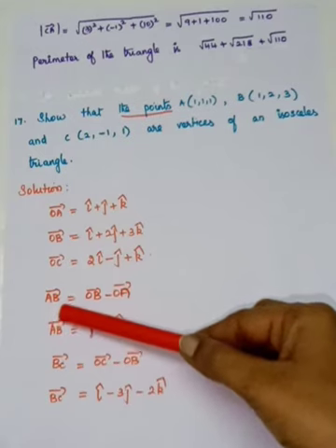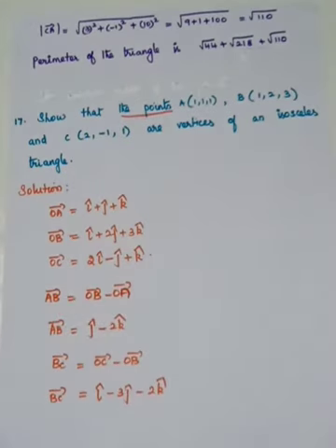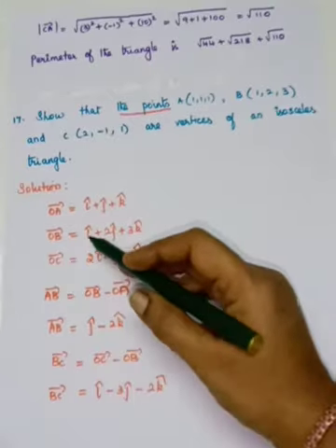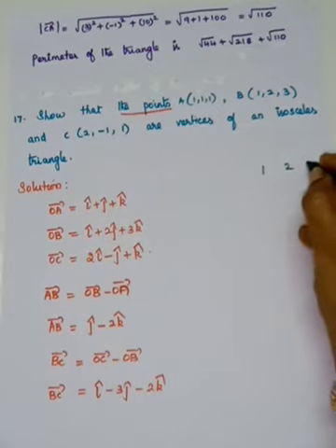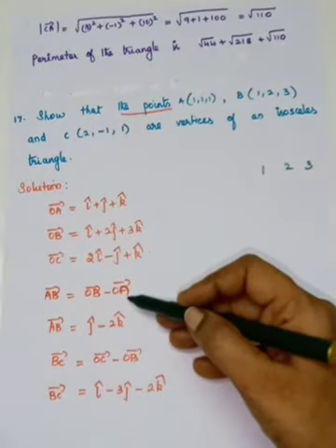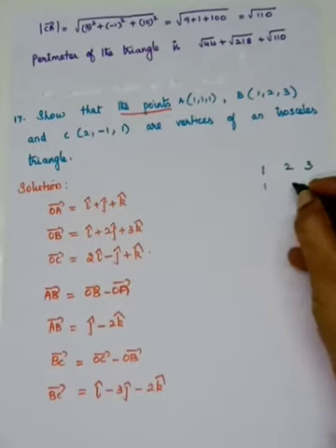So AB vector has to be written. How to find AB vector? Using position vector, OB vector minus OA vector. What is the coefficient of OB vector? 1, 2, 3. What is the coefficient of OA vector? That is 1, 1, 1.